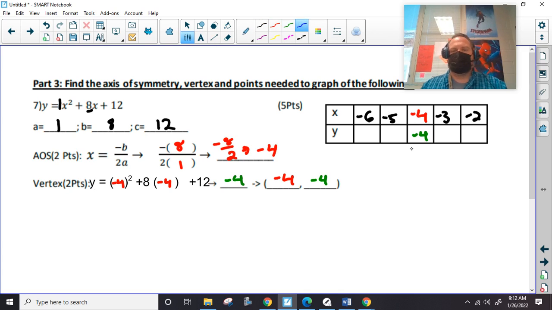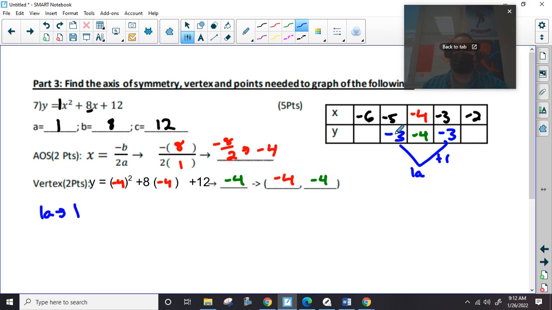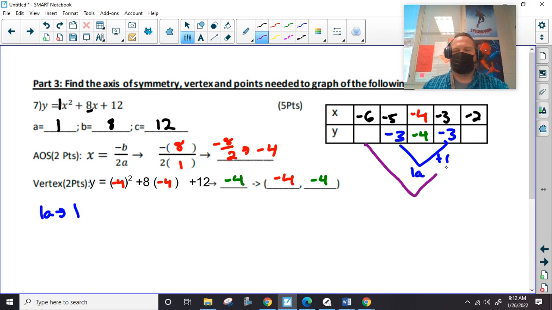All right. 1A. Well, A is 1, so 1A will end up being 1. So this is negative 3. That's supposed to be purple. And 3A is 3. At 3, I get 0 and 0.